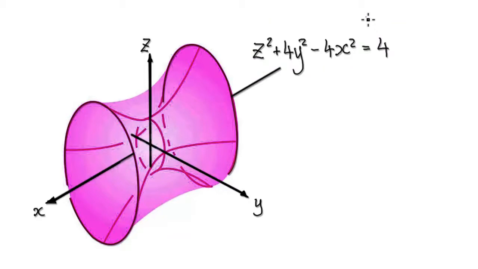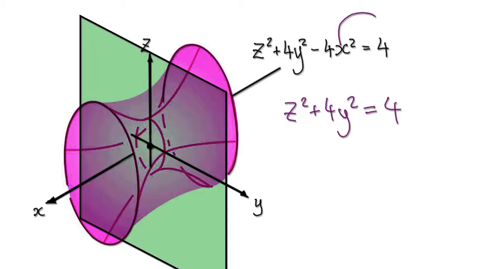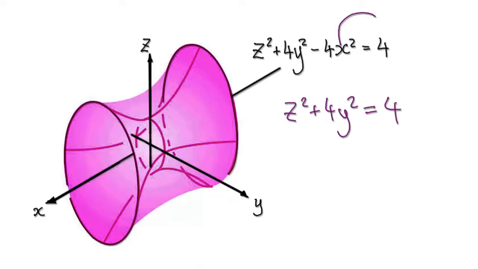So now let's put 0 into the x. So when you put 0 into the x, this whole thing here will disappear. Then this whole thing here will then become z squared plus 4y squared equals 4. So when you put 0 into the x, you've got to picture this in your mind. Imagine this is, let's say, 1, positive 2, negative 1, negative 2, and so on.